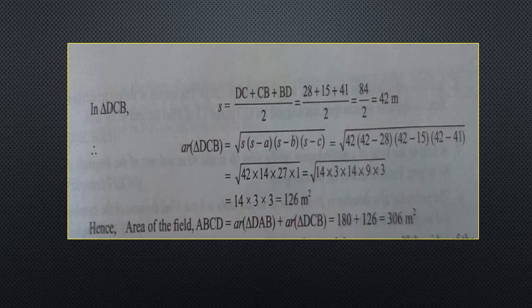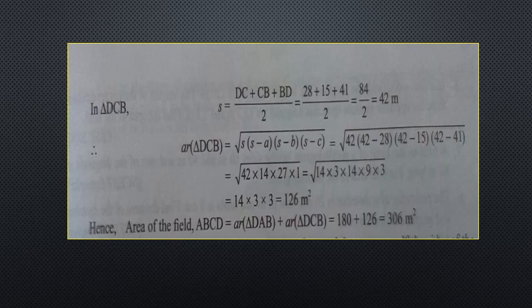Now for two 14s we can take 14 outside the square root. For two 3s we can take 3 outside. Then the square root of 9 is also 3. Then we get the answer 14 into 3 into 3, that is equal to 126 meter square. So 126 meter square is the area of triangle DCB.